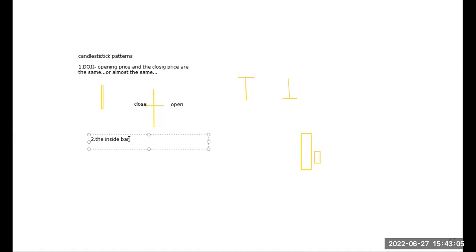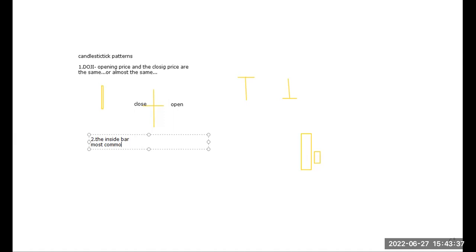The inside bar is the most common that you'll come across in your charts, and it's easily recognizable. So you need to understand what it means and the limitations of this pattern. This pattern implies that there was an indecision phase.